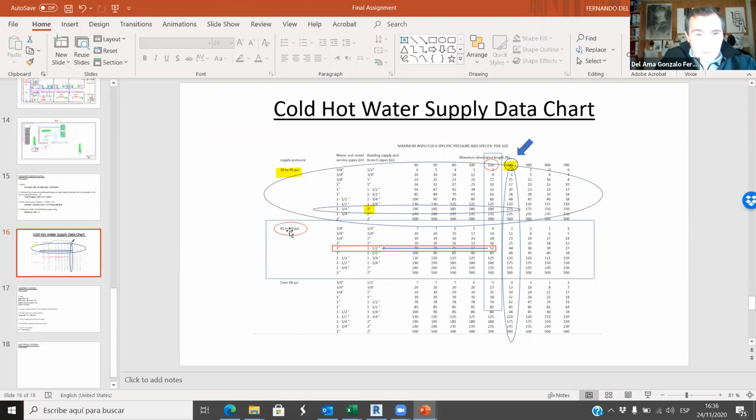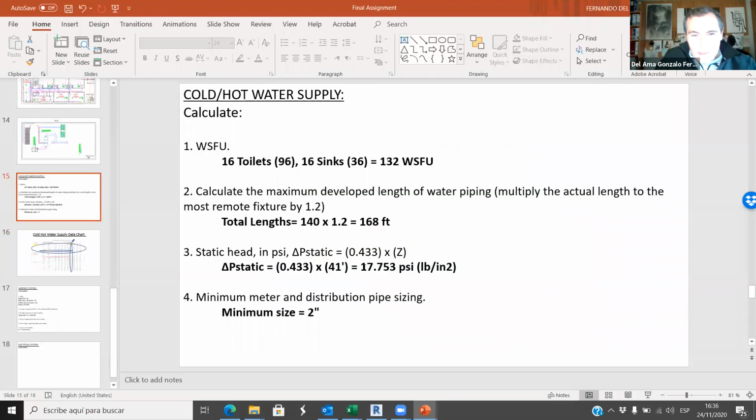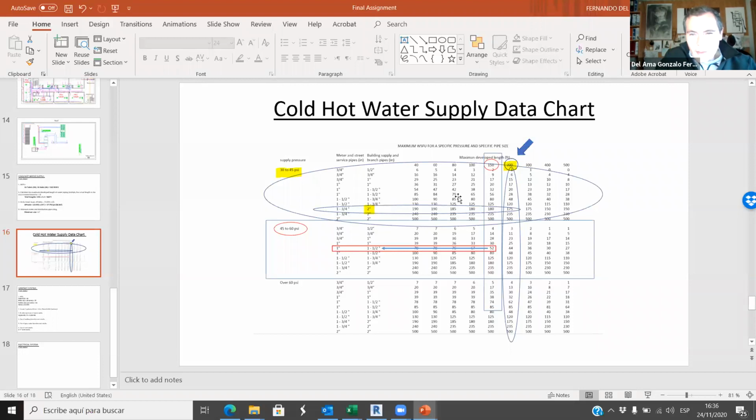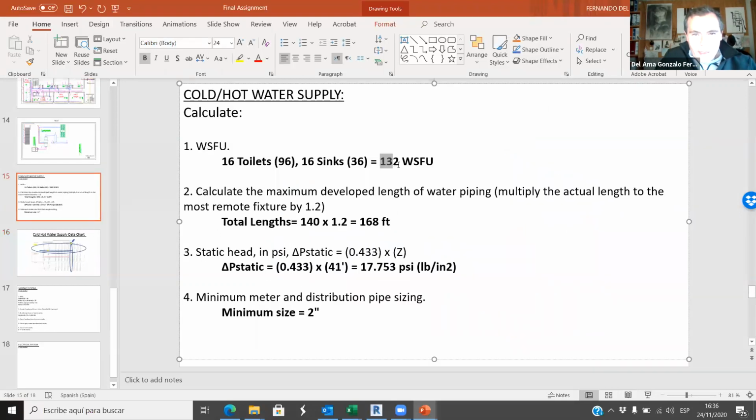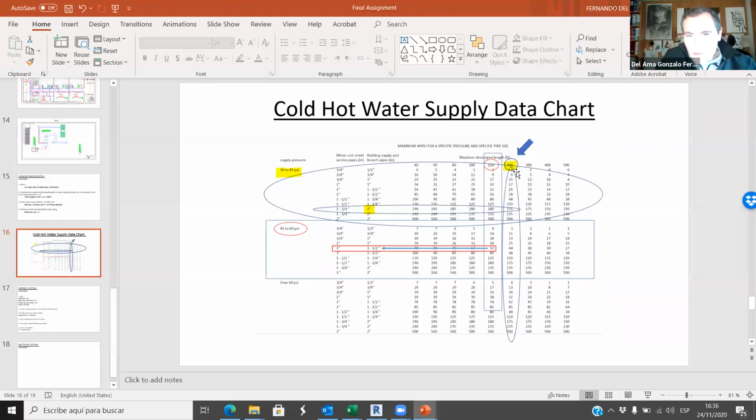It's for sure below 45 because it's 17. Okay, so we can take these values here, and then these values are the supply fixture units. So the supply fixture units is 132. So in this table we have 120. It's not enough. The following one is 175.